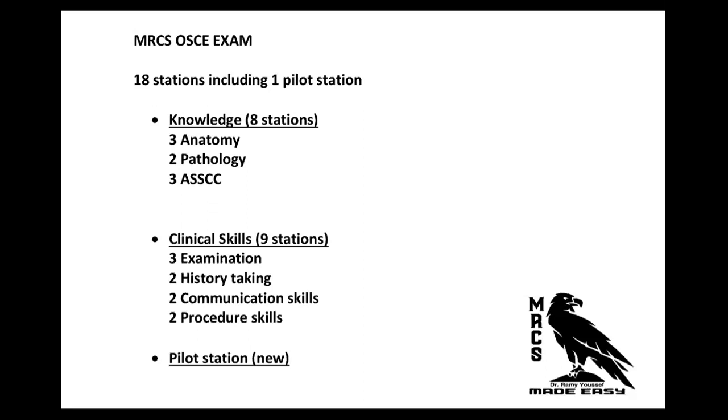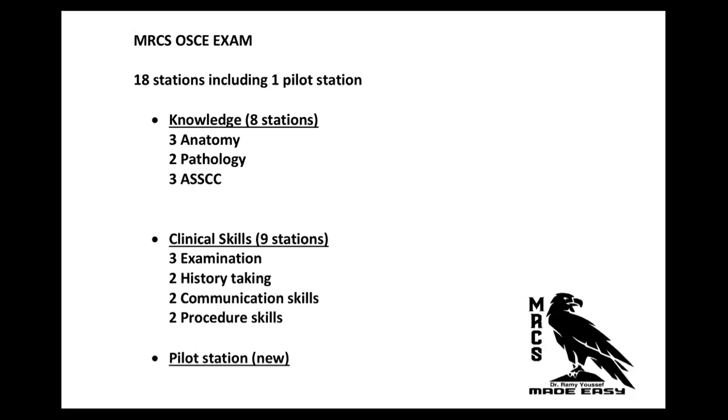According to the station, if the station is divided into 6 minutes and 3 minutes, you will hear another alarm after 6 minutes. If you are in the knowledge section, you just forget about it, but it gives you an idea about the time that has passed. That 6 minutes sometimes helps you in some stations like communication, if you didn't finish with the patient and 6 minutes already passed.